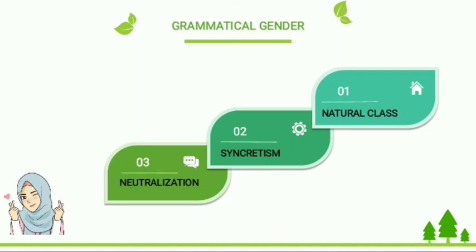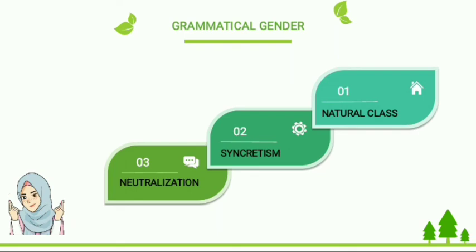For example, sing, sang, sung, singing. Those words are in one natural class. And then syncretism talks about the categories that form a natural class. For example, sing, sang, sung, singing are in one natural class. The categories are verb 1, verb 2, verb 3, and verb ing.